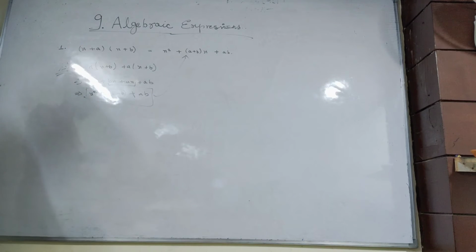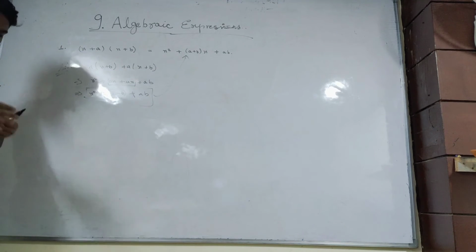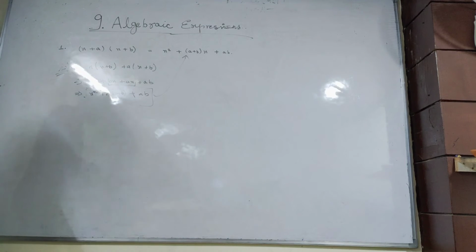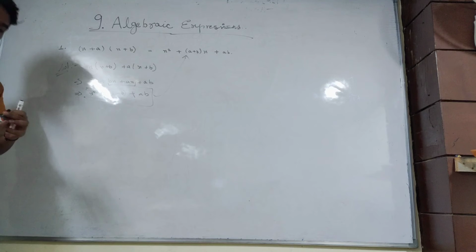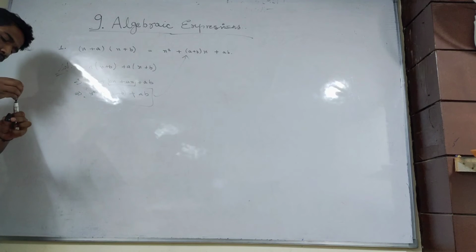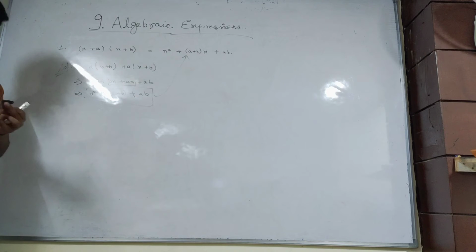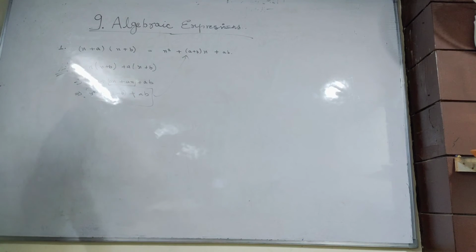After this we have the identities a plus b whole square and a minus b whole square. As you have all heard earlier also, I am going to tell you how to solve that identity, and then you will easily use the identity in the question.